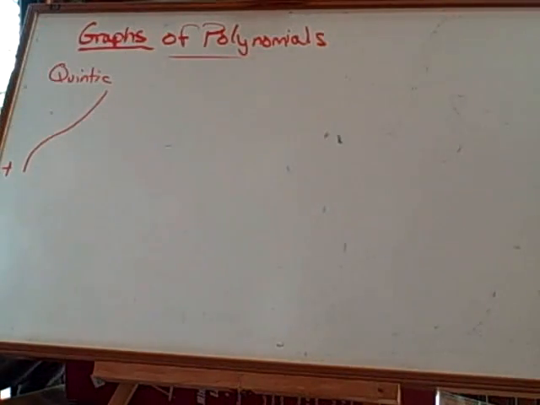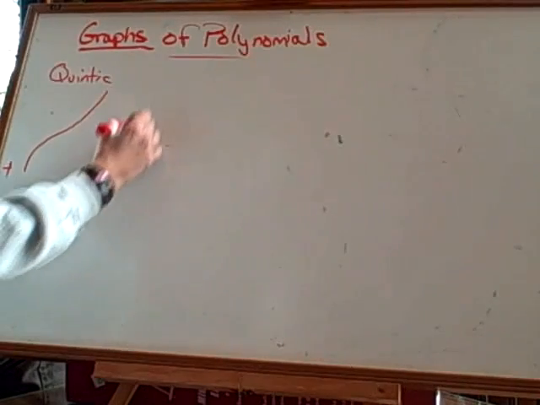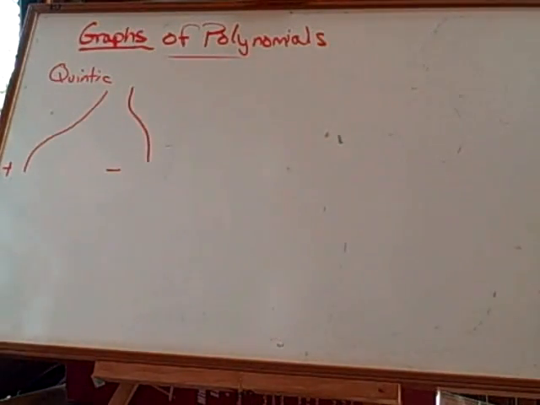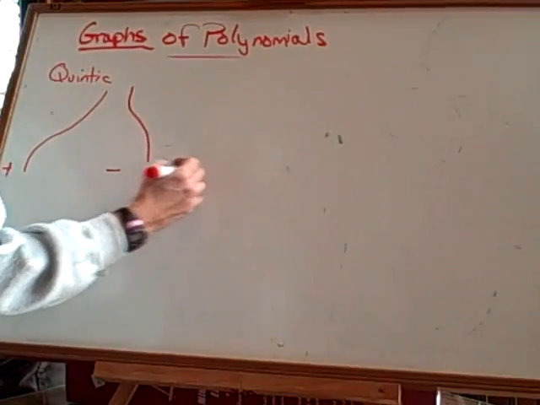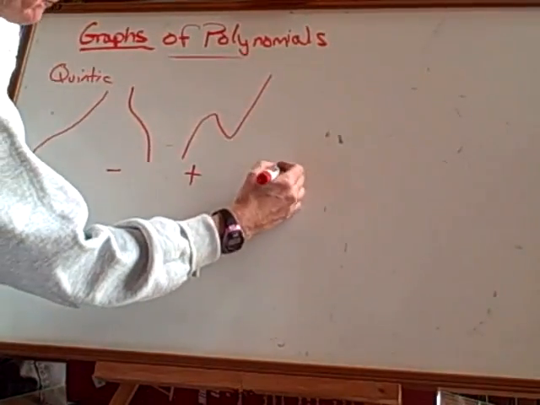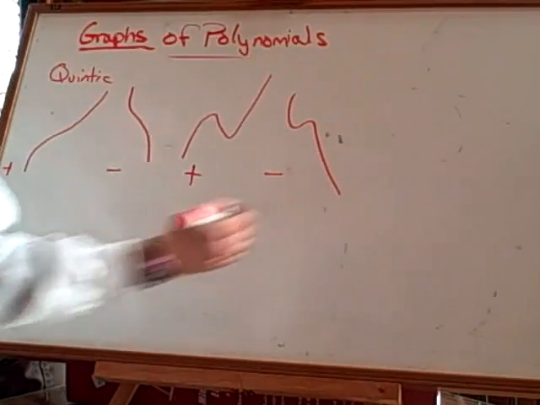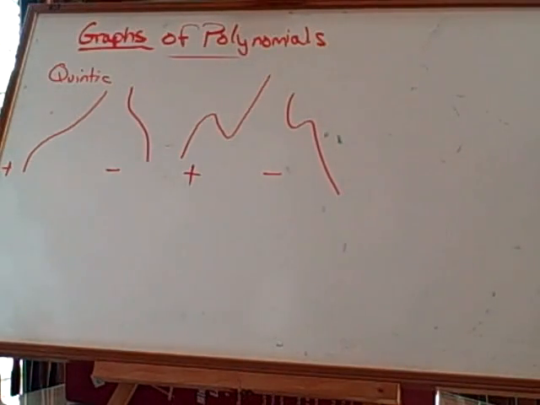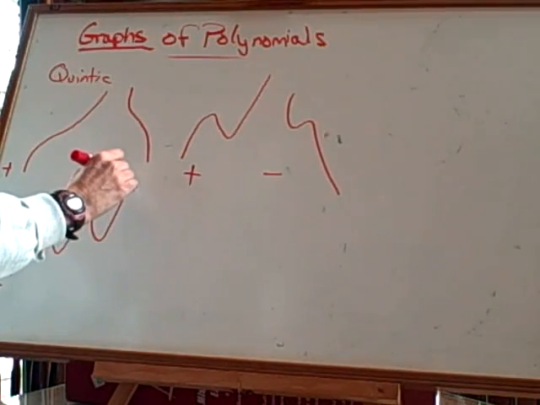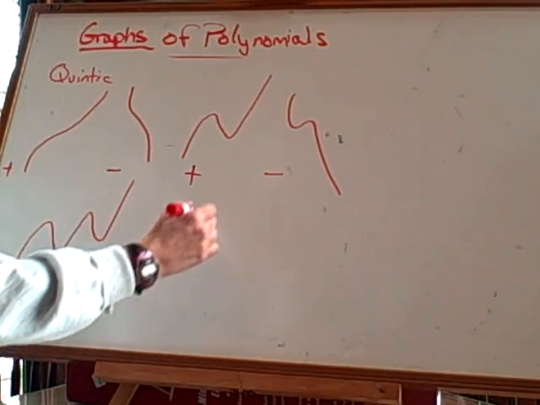It looks a lot like the cubic, basically. And the negative, a little like that. I know it's not a perfect graph. The positive, like that. The negative, like that. Another positive. And then another negative.